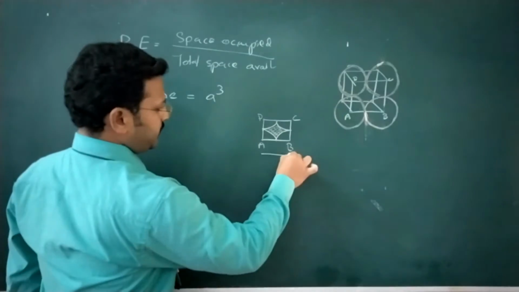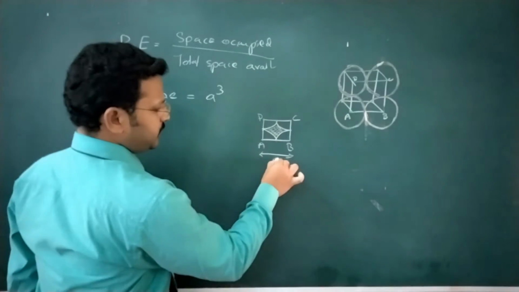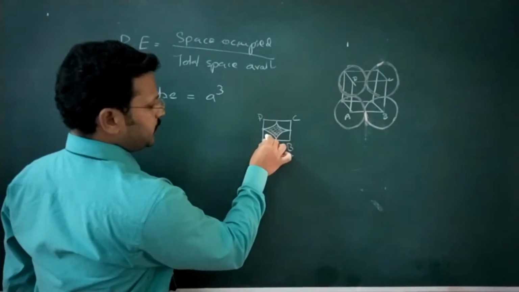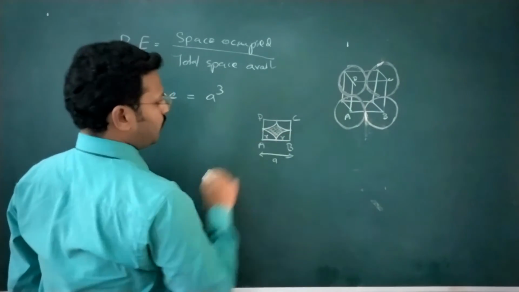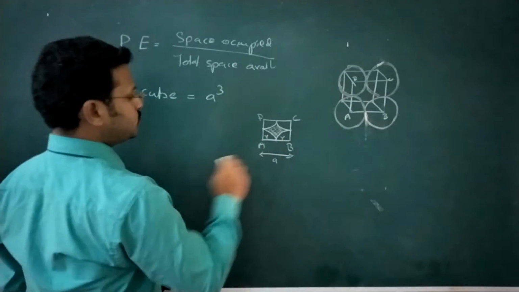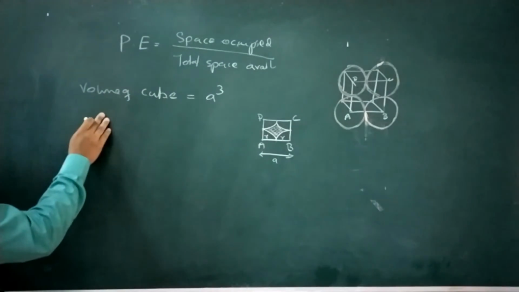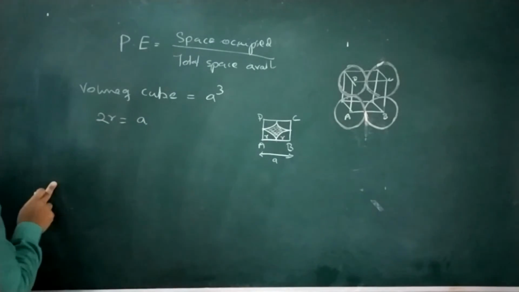Here a is the edge length. The edge length a is equal to the radius of this atom plus the radius of the other atom, so 2 times the radius of the atom contributes a. So 2r is considered to be a.